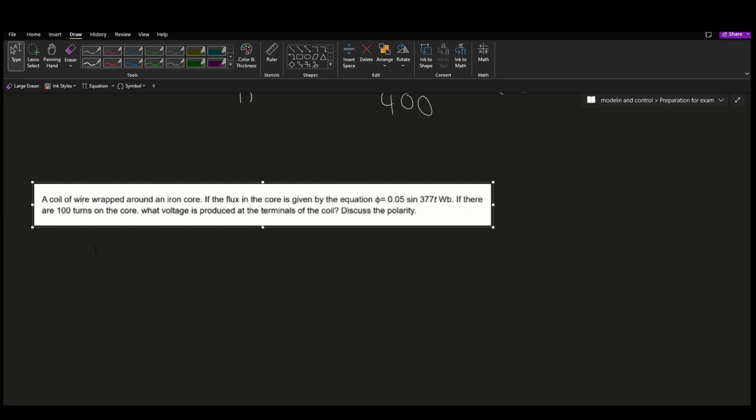We have the transformer action, and this can be taken as a time-varying field inducing a voltage in a coil linking the field. So that sounds complicated, but basically we have this force, the EMF, equals the number of turns times the change in time of the flux.